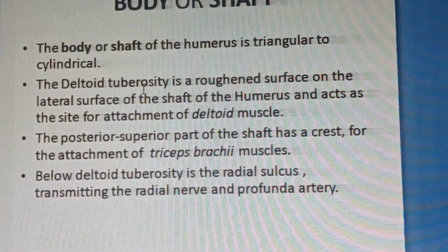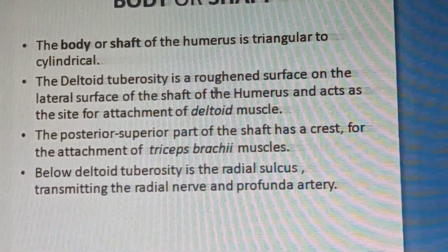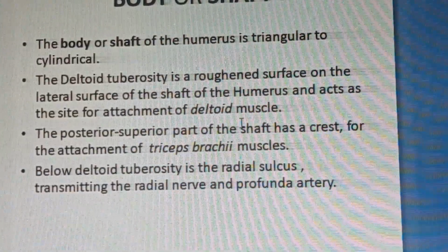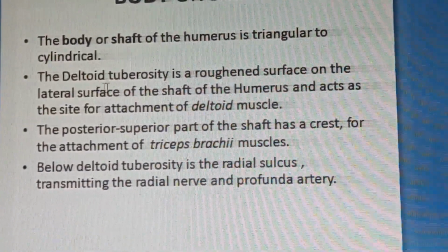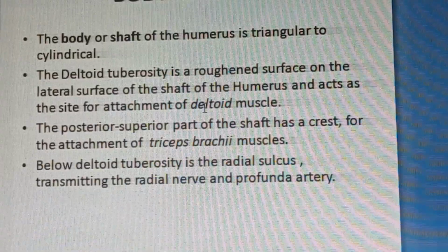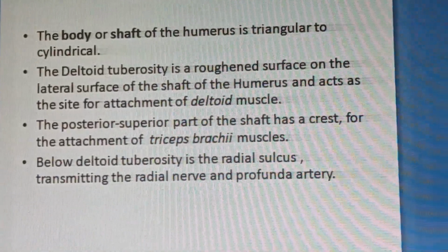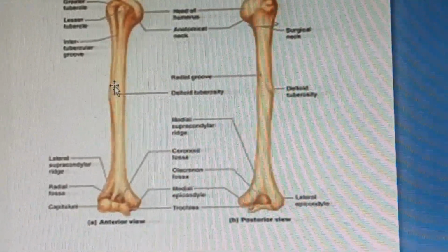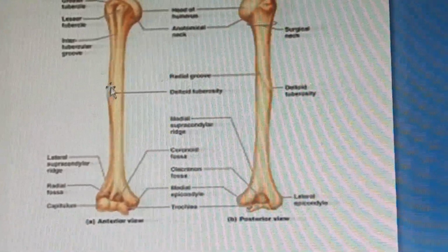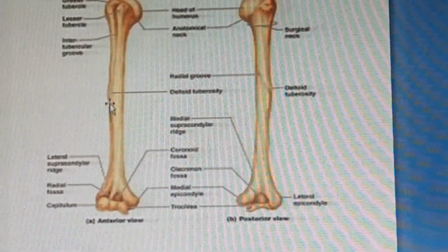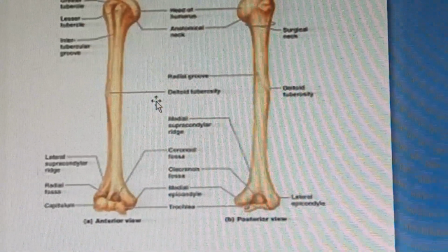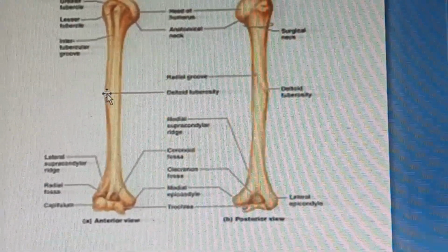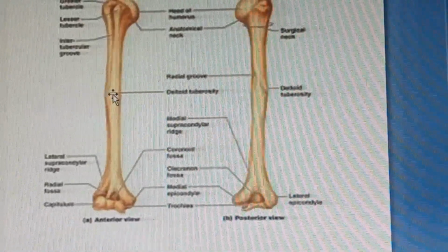So this rough area is called the deltoid tuberosity because it is for the attachment of the deltoid muscle. You can see in this shaft there is a protruding rough area which we call the deltoid tuberosity. To this rough area the deltoid muscle is attached.